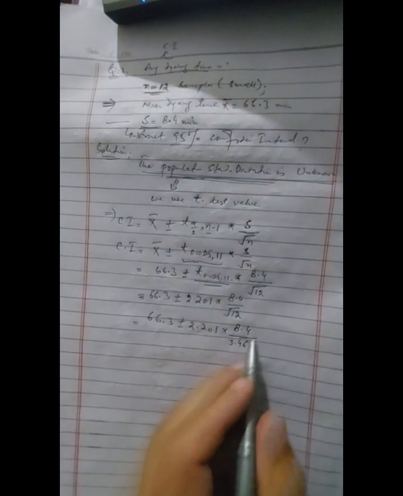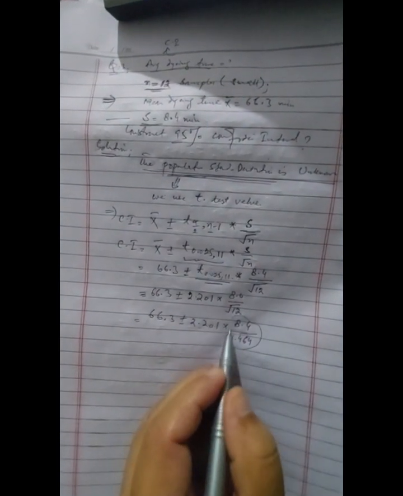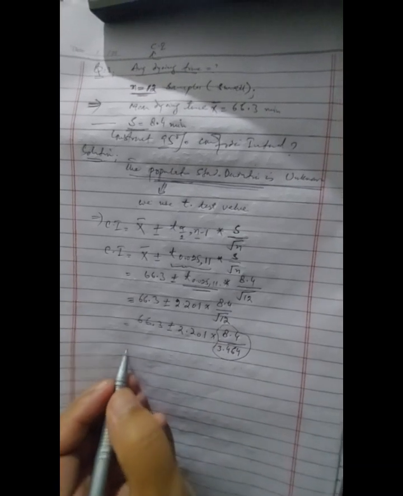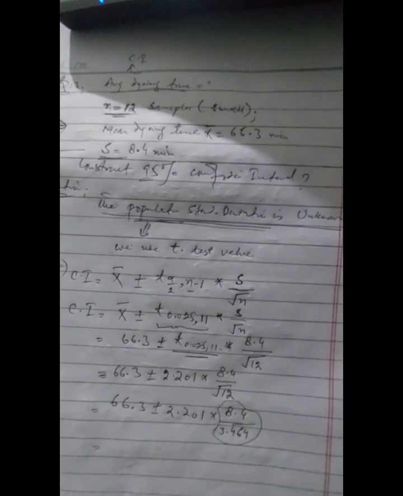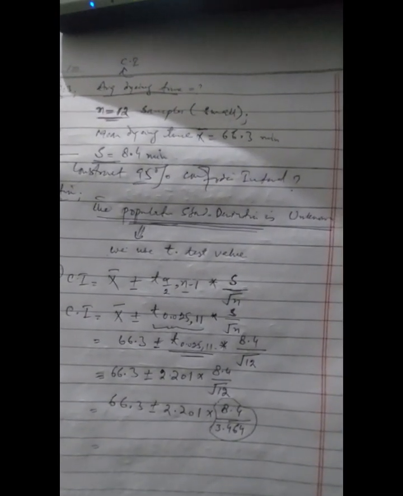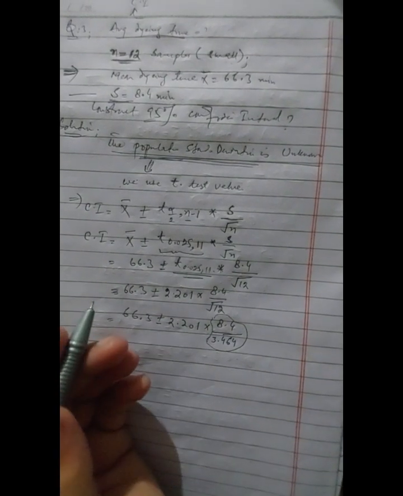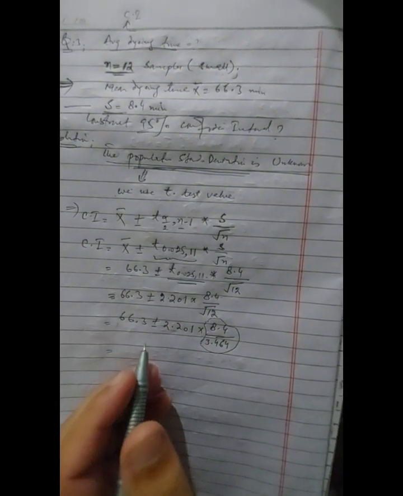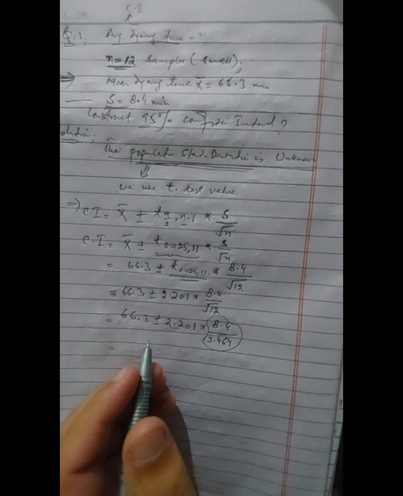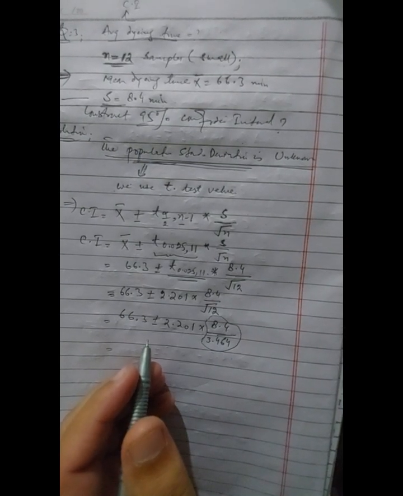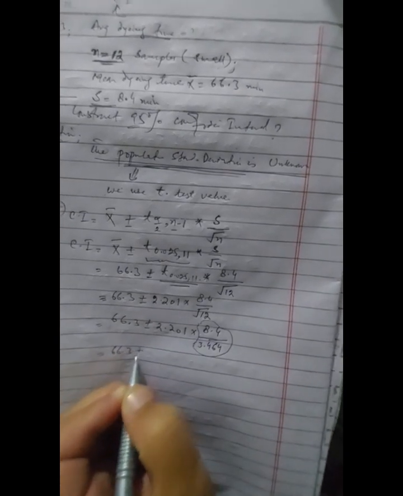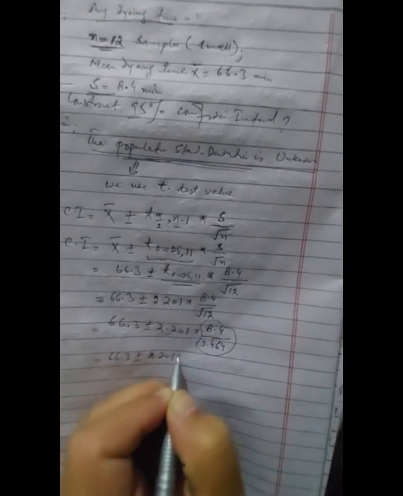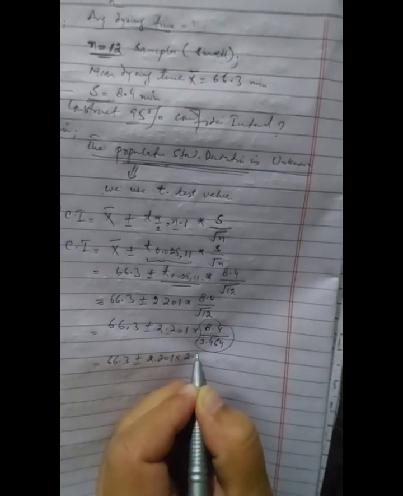Let's calculate this factor: it gives 2.4249, which becomes 2.425. So 66.3 plus minus 2.201 multiplied by 2.425.